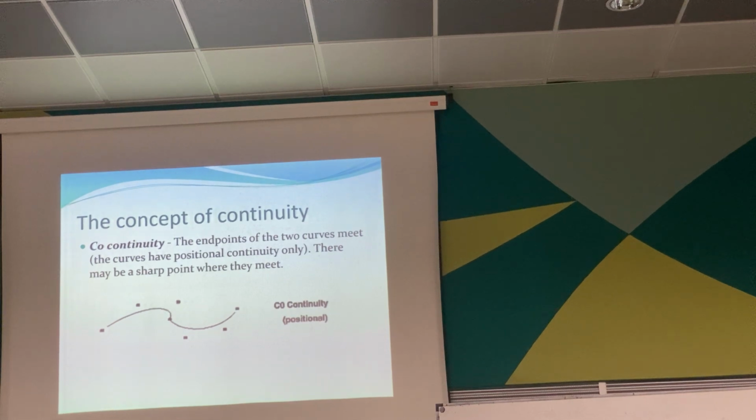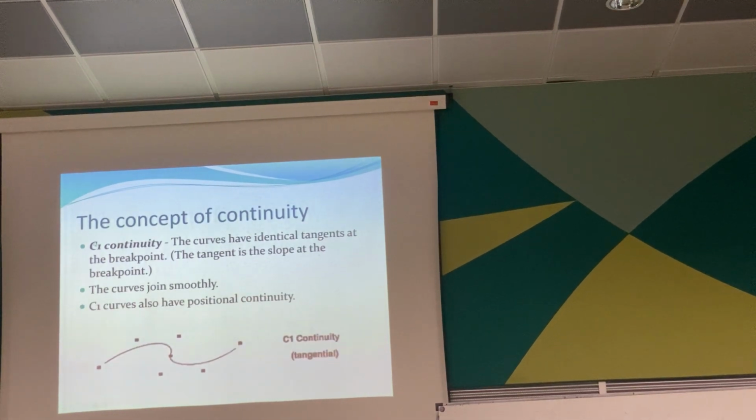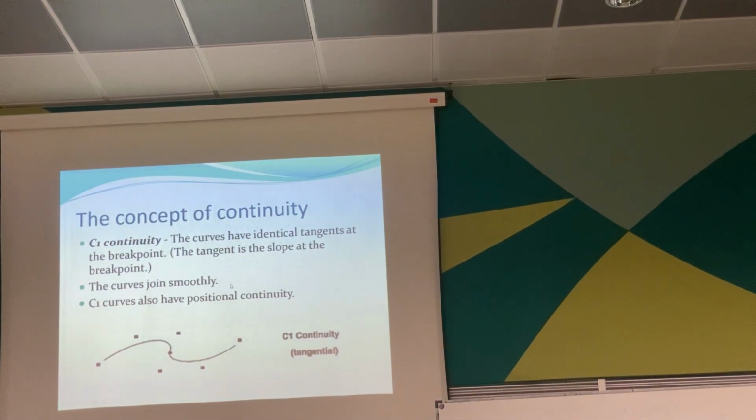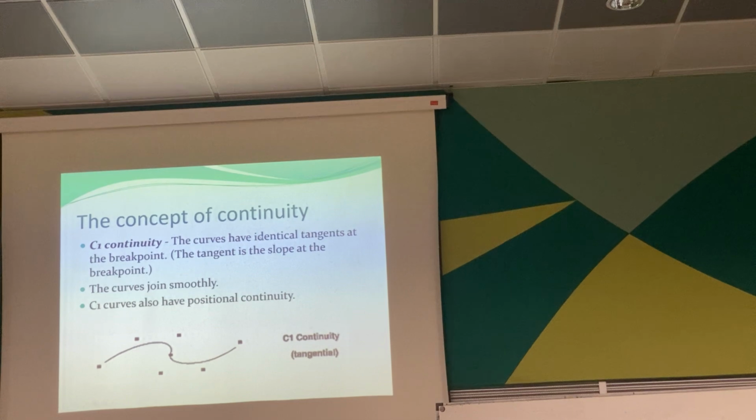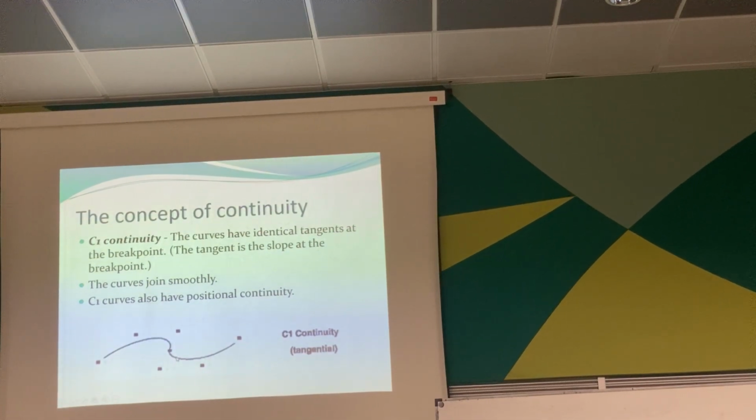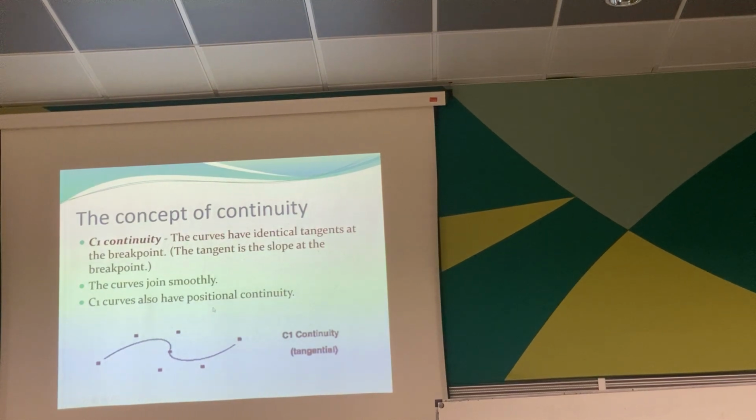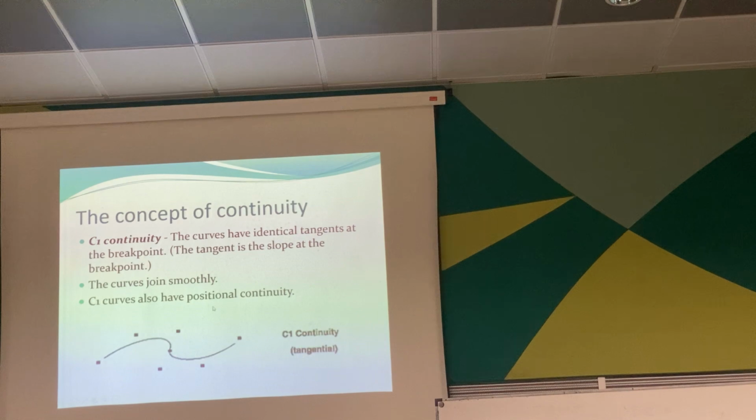Positional continuity. For C1, not only do they meet at the same position, they also have identical tangents. What are identical tangents? It means the direction. This one goes down, and this one also goes down. If one goes down and then the next connects but suddenly goes up, there's only C0 position.